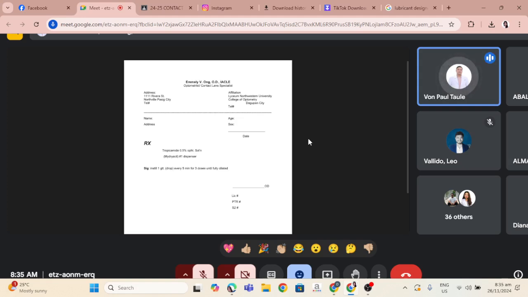So, under dito sa contact lens solution prescription, andito pa rin si optometrist's information, name, clinic address, number, license number, professional, yung PTR number, of course yung LTO details mo din, license to operate.